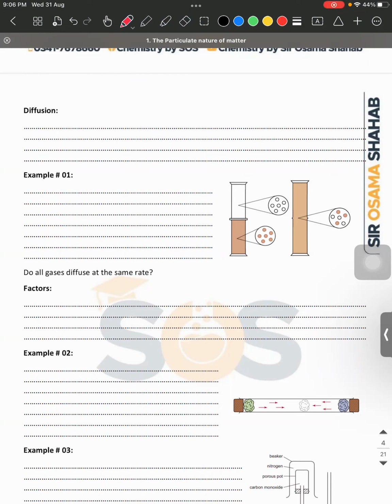The particles do the same. For example, in your house, in the kitchen, your mother is going to cook the biryani, right? So the smell of biryani molecules is crowded in the kitchen. A lot of biryani molecules are over there. They just want to move from there towards the less crowded area.